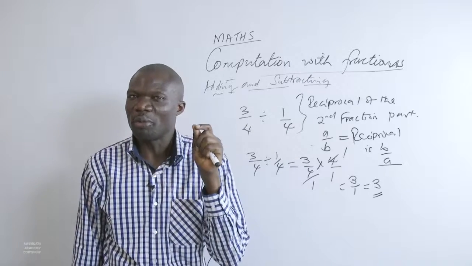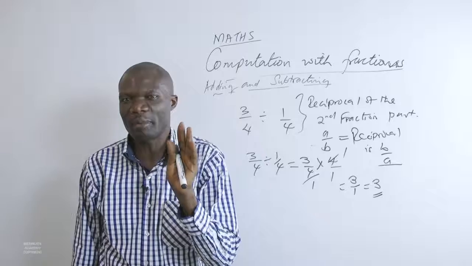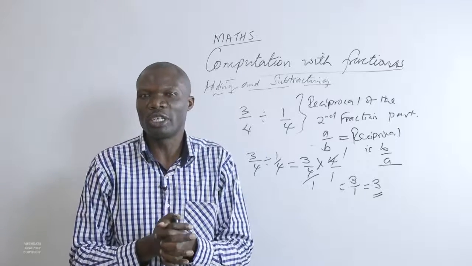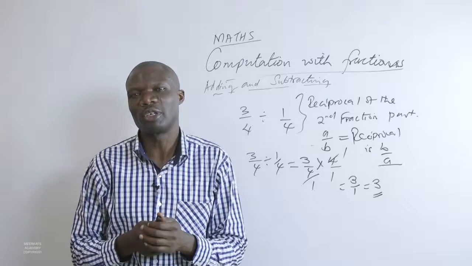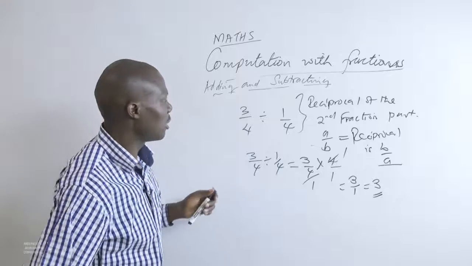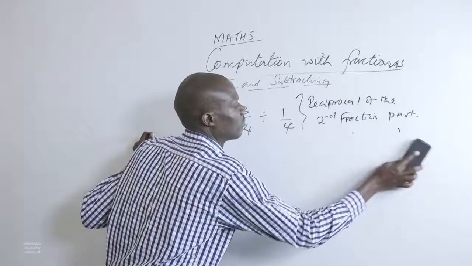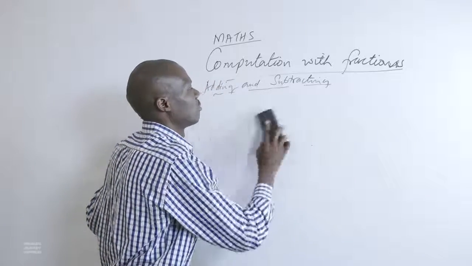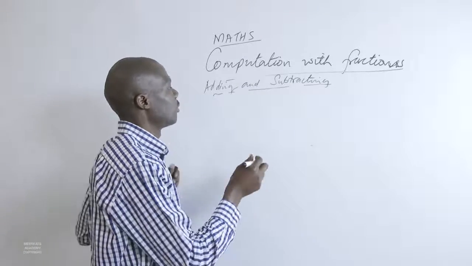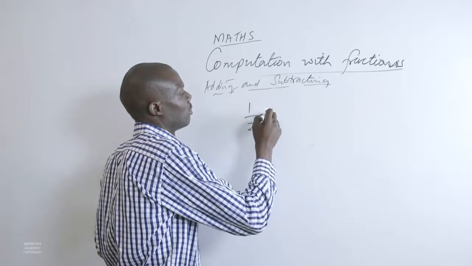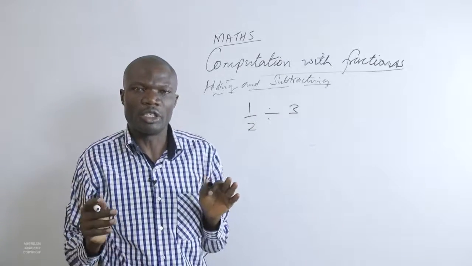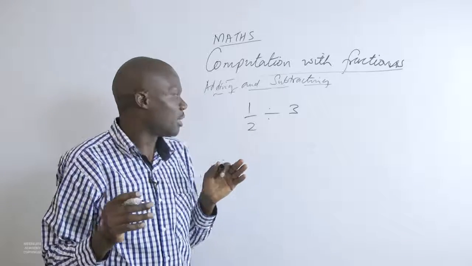In a situation where you are dividing by a whole number which does not look like a fraction, then you introduce the denominator as 1 so that we can get the reciprocal. I'll illustrate that here. One over 2 divided by 3.